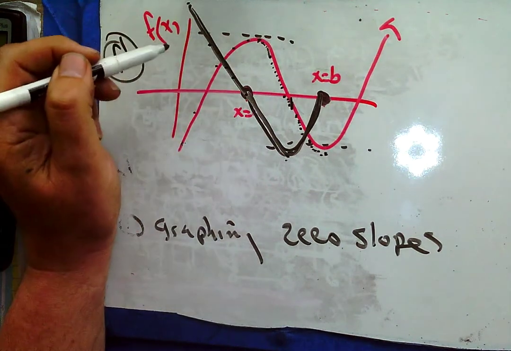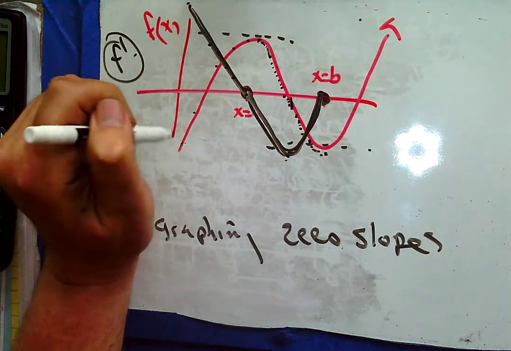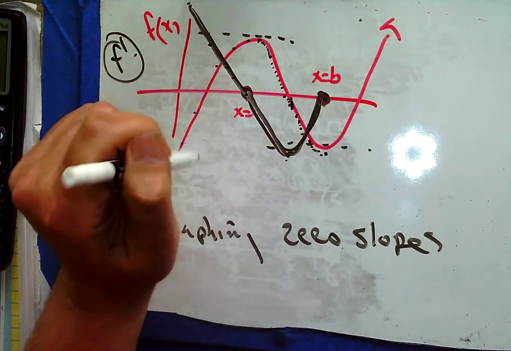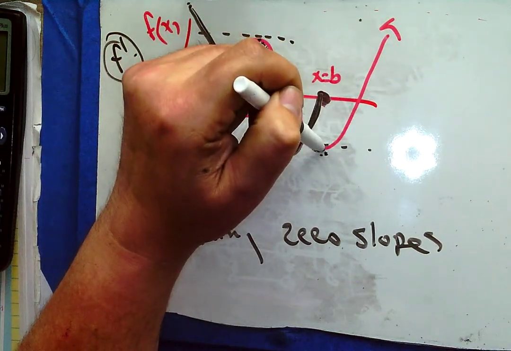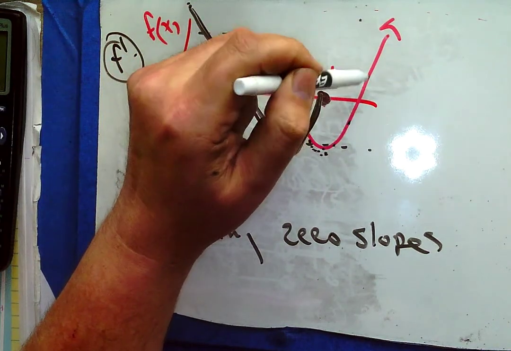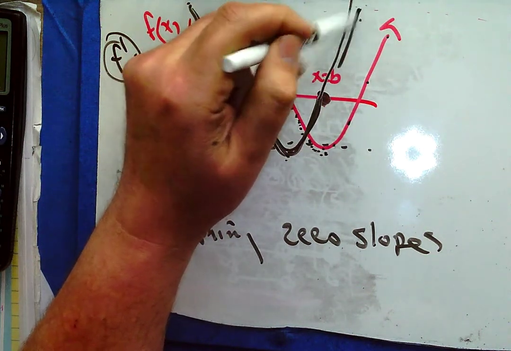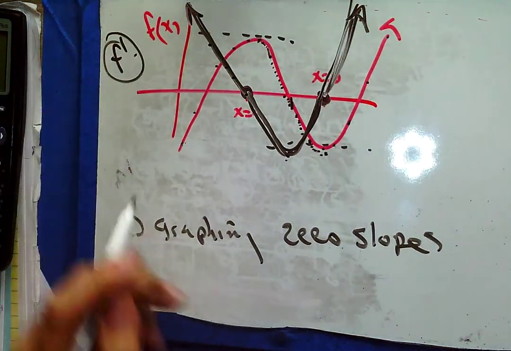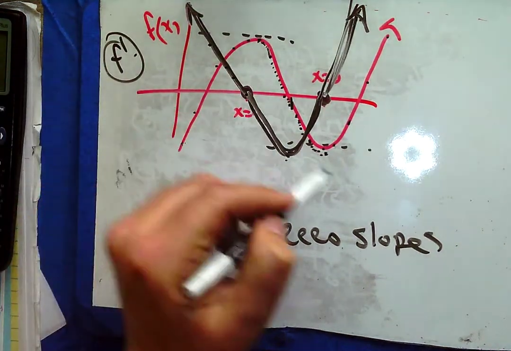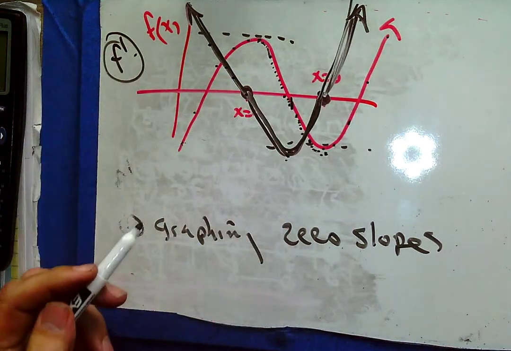The y values on f prime represent the slope numbers on the red f of x graph. Okay, and then what about here? I see 0 slope, slightly positive, more positive, very positive, exceptionally positive. And so there's my graph of f prime. And it looks like if f was a third-degree polynomial, f prime is a second-degree polynomial.